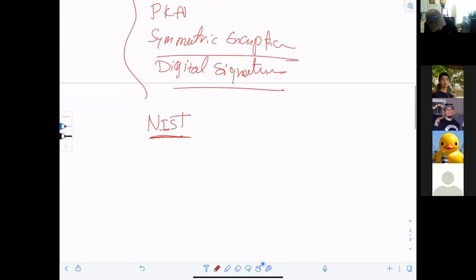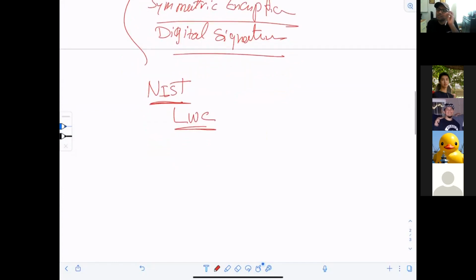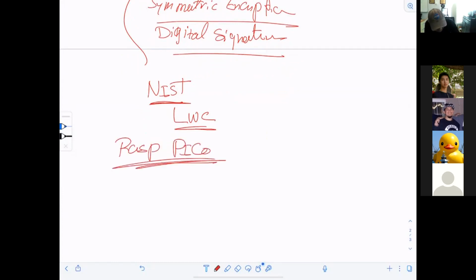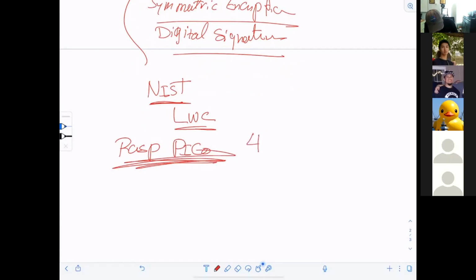So now there is one competition. It's called LWC, lightweight crypto. Those are targeting what? Small, tiny devices. What small, tiny devices can we use? Arduino. Have you guys heard about this Raspberry Pico? It's like $4 or something.